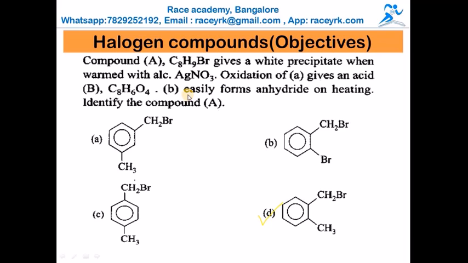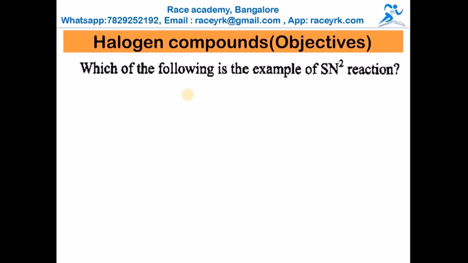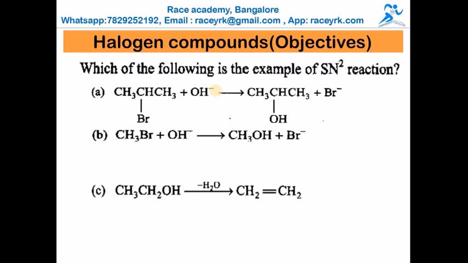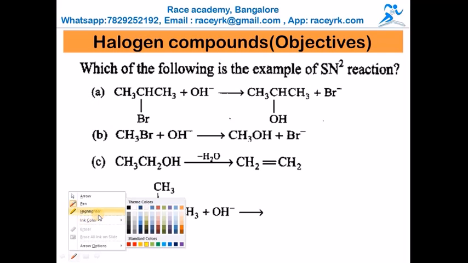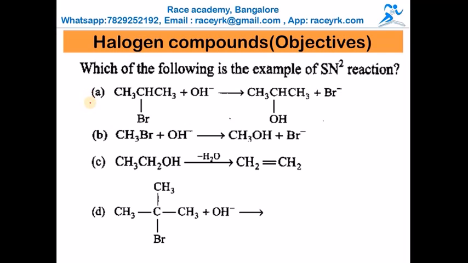Go to the next one. Let us see. Which of the following is an example of SN2 reaction? If you see the options, in the first option we have a secondary halide. In the second option, we have a primary methyl halide.